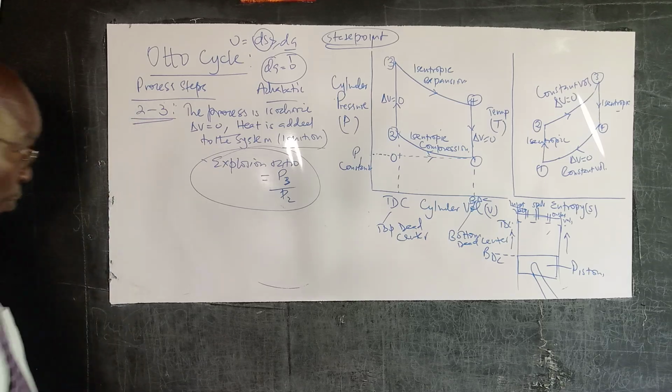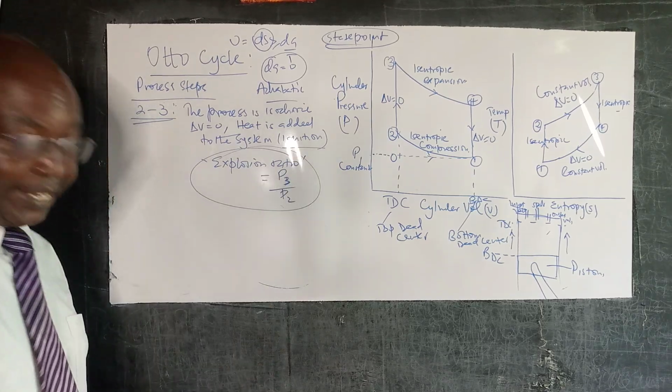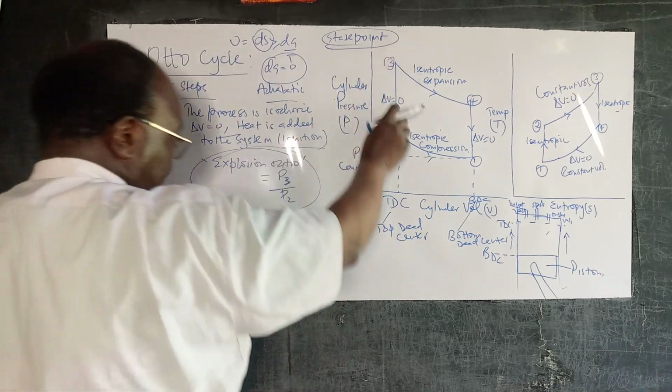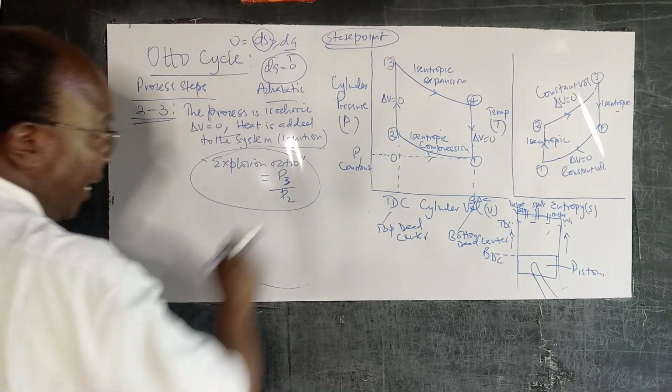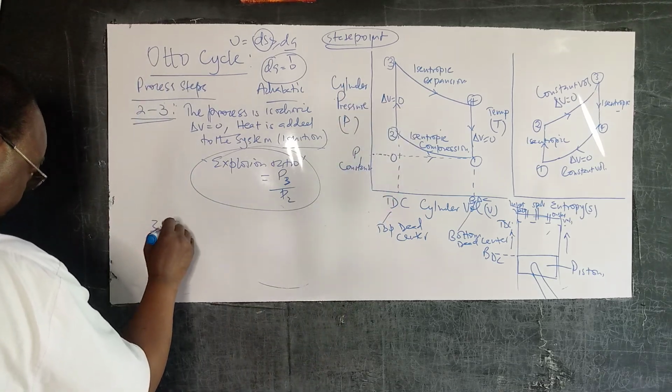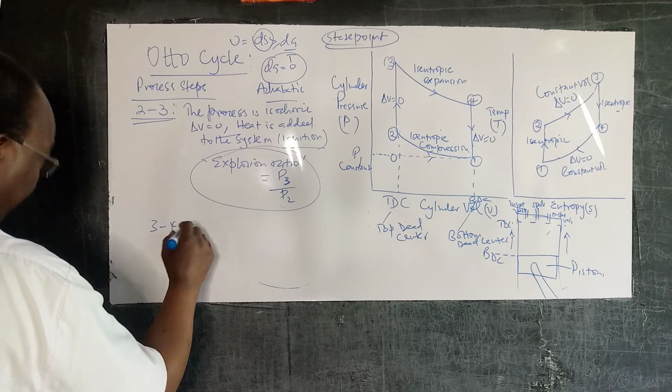But I don't want to put too much emphasis on the word explosion ratio. It's normally considered as pressure 3 over pressure 2. So let us look at the power stroke. That is 3 to 4. Very important step. That's the power stroke.